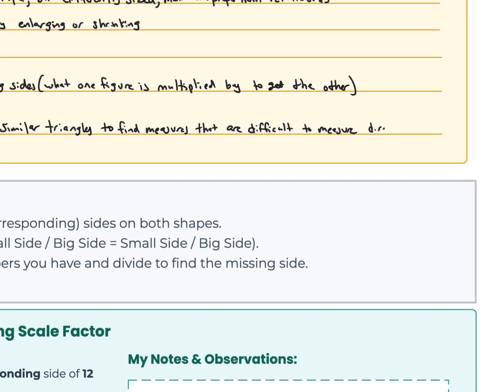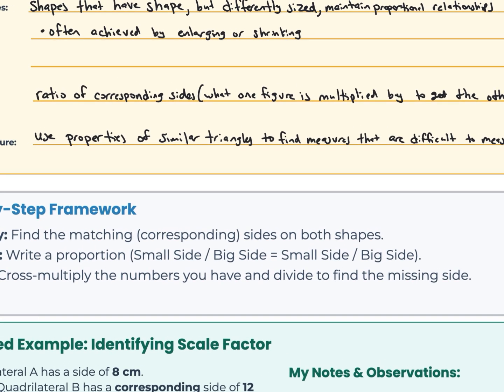So for example, it would be really difficult to measure the exact height of a tree, because even if you could climb up, it would be really difficult to get the ruler all the way down to the bottom. And so we can use indirect measure, and that's often through the use of shadows to find the measurements of those types of things like trees.